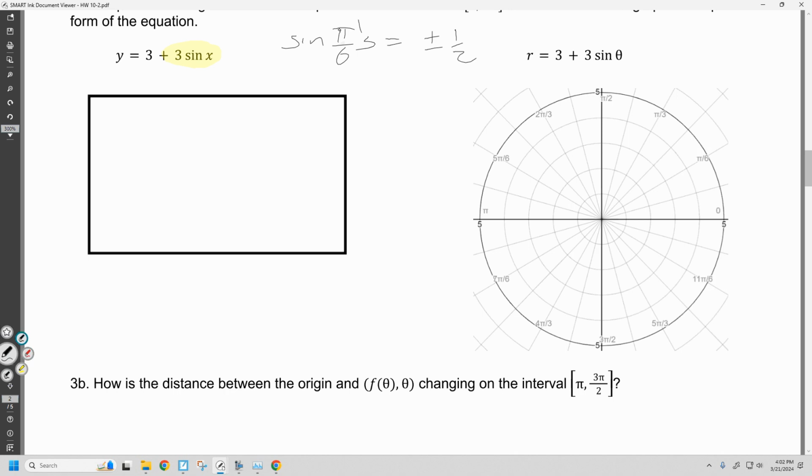The pi over 6's are the angles that I care about for sine. The sine of pi over 6 is a half. So as we plot important x values, throw in the pi over 6's, not the pi over 3's, because for the sine graph, the sine of pi over 3 is root 3 over 2. Okay, you got it?